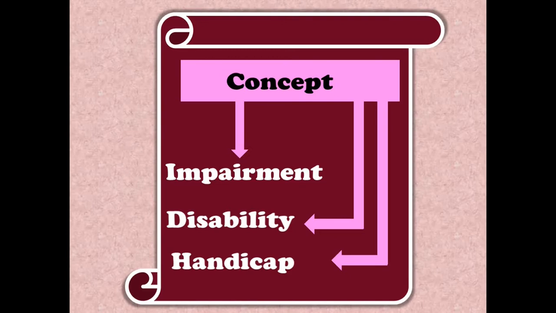This impairment may bring disability in terms of loss of hearing ability, inability or incapacity in terms of hearing sounds, then may turn one into orally handicapped, that is, experiencing problems in interacting with the environmental situations demanding hearing ability on one's part.